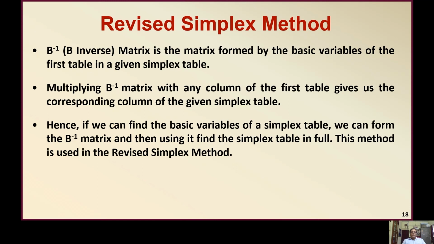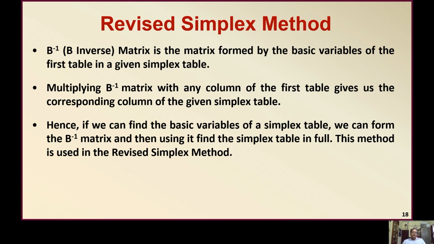So suppose I know what the basic variables of a given simplex table are. Suppose there is a first table and a second table, we know the basic variables of the second table because we know which variable is leaving the basis and which variable is entering the basis.